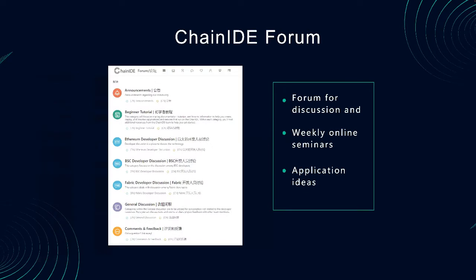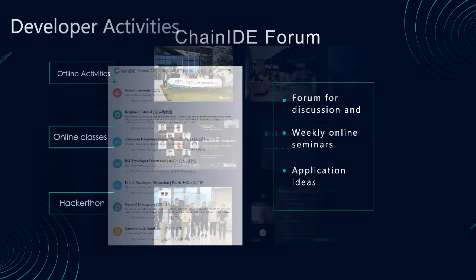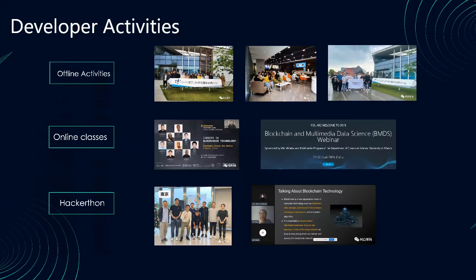We also have our forum for discussion and a weekly online seminar, and we welcome any application ideas. We also bring developer activities like offline activities, online classes, and bootcamp hackathons. In the past few years, we held over 100 different activities.